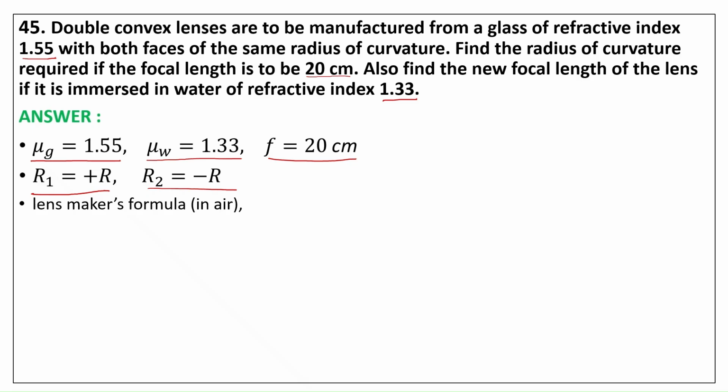Therefore, lens maker's formula in air, 1 by F is equal to mu G minus 1 into bracket 1 by R1 minus 1 by R2.